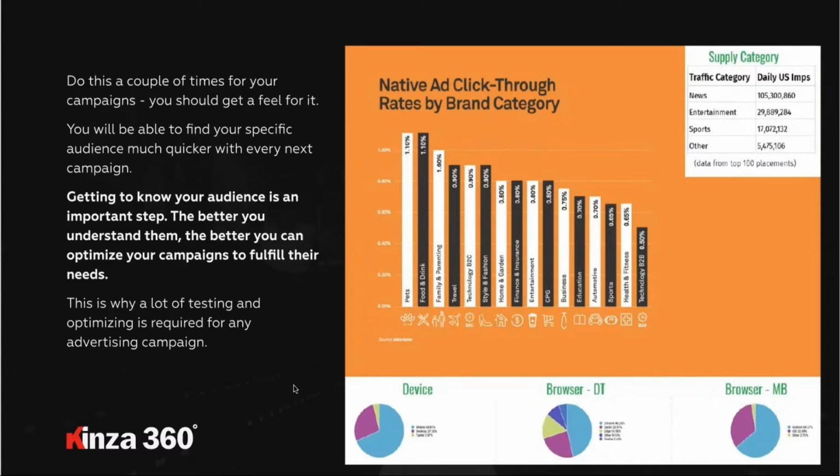After you started with the general targeting, you retarget. Another example, you realize that 57% of the buyers are female, or maybe 80%. So then you're going to target a more female demographic, or you're going to learn that most of the customers buying are over 25. Again, another beautiful way for you to be specific on your audience, but you're going to start with a general one. And then slowly you will be able to find your specific audience much quicker with every next campaign.